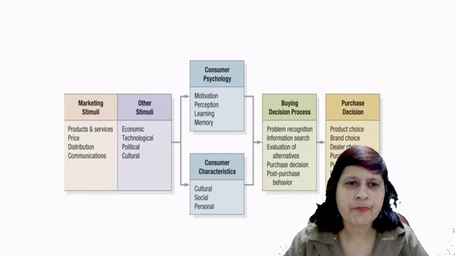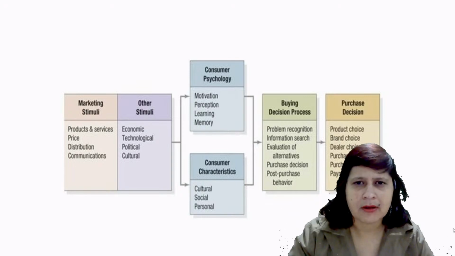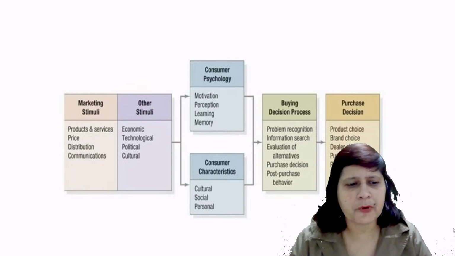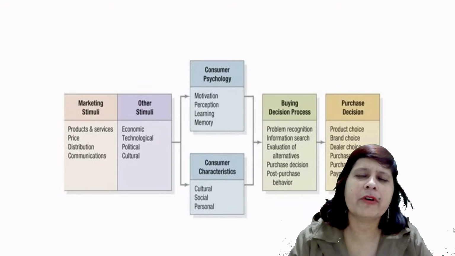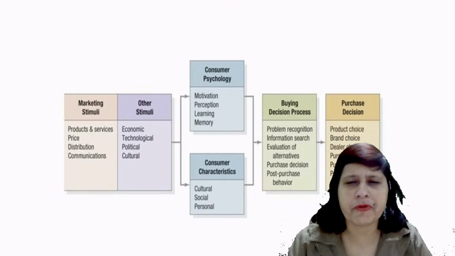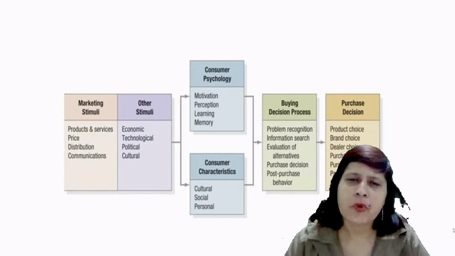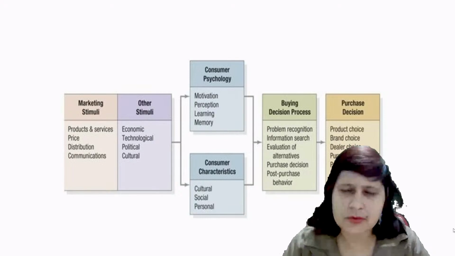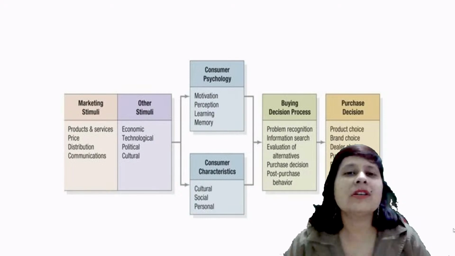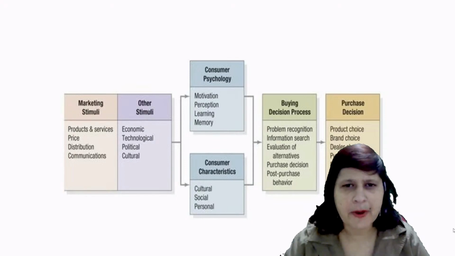Marketing stimuli means those factors which stimulate the needs and wants for the product, that is, product and services. First of all, you should have a product or service to offer to the consumer, right? And then the next stimulus is price. So I want that service or product, but what is the cost of that product? Is it affordable?